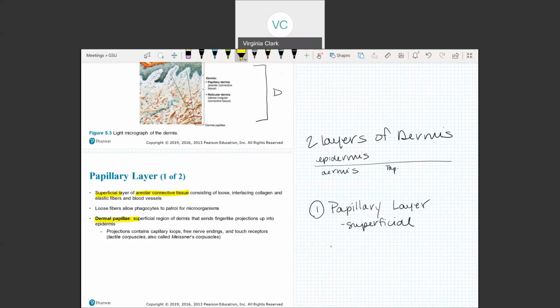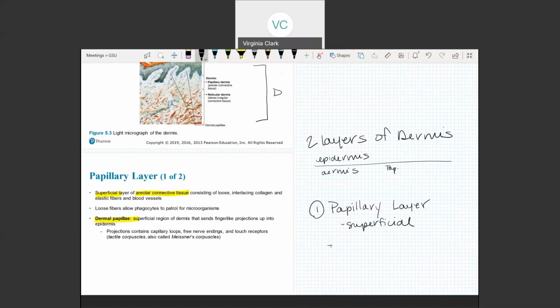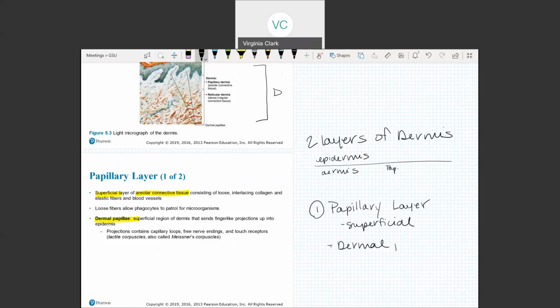But what's cool about this is the dermal papillae. The dermal papillae is how the epidermis is connected to the dermis. Papillae are little projections or little bumps, and they form the connection between the dermis and the epidermis. So this is not a straight line, so the one I drew up here is not the case.